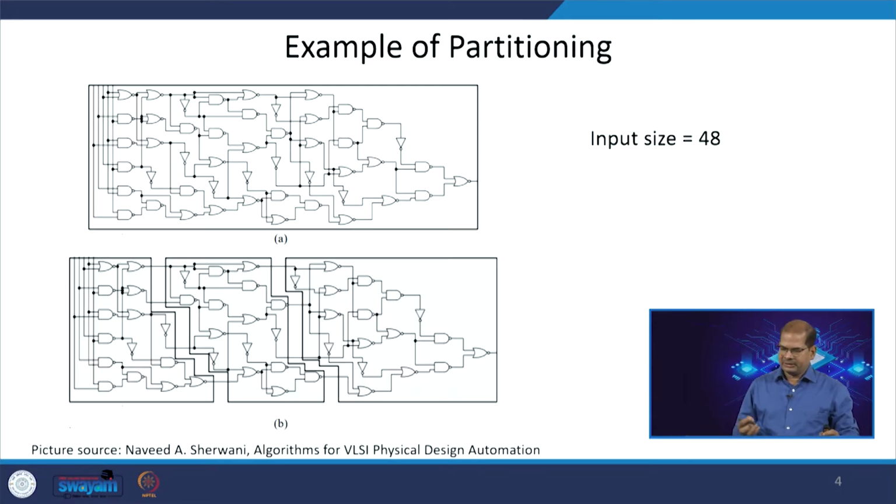Let us take an example to understand partitioning in detail. If you can see the top level design, multiple logic gates are there. The number of gates is 48. I want to break that into multiple subunits, such that I can independently implement all 3 modules separately and combine them.